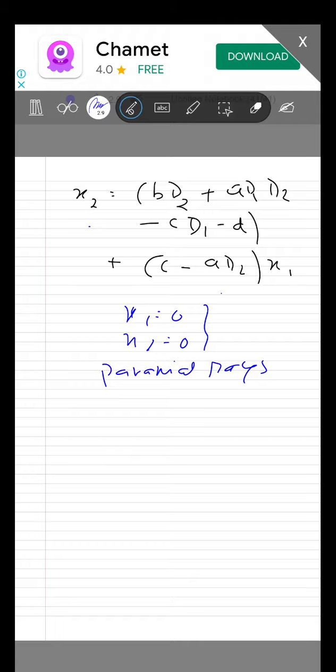So we have b d2 plus a d1 d2 minus c d1 minus d is equal to 0. So we can actually get the image planes.